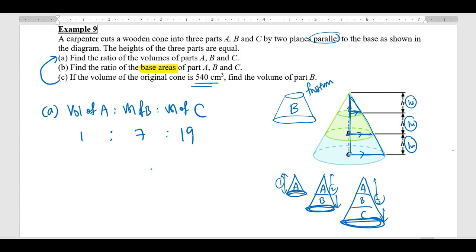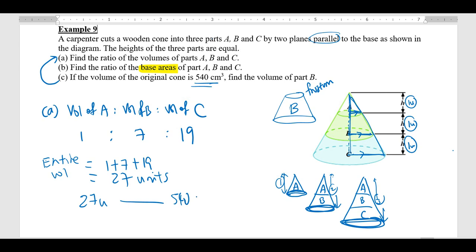1:7:19. So if we add up all the units, the entire volume would be 1 plus 7 plus 19, which is our 27 units. And this 27 units actually represents 540 cm³.